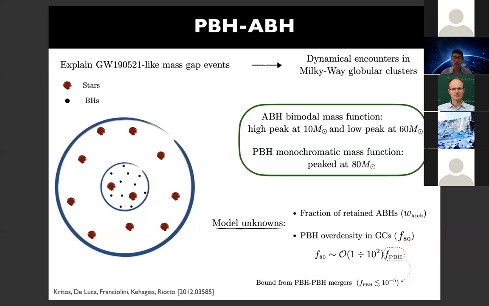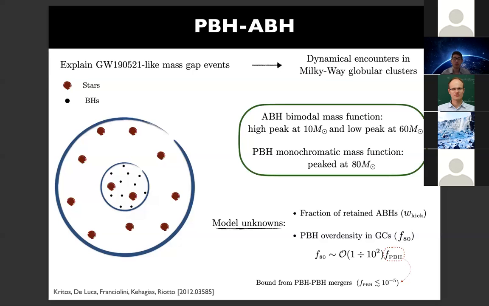Of course, one can try to connect this fraction to the global PBH abundance, f_PBH, modulo some overall correction factor which may depend on the given cluster, and may even reach a couple of orders of magnitude. Of course, there are already stringent bounds on the PBH abundance.